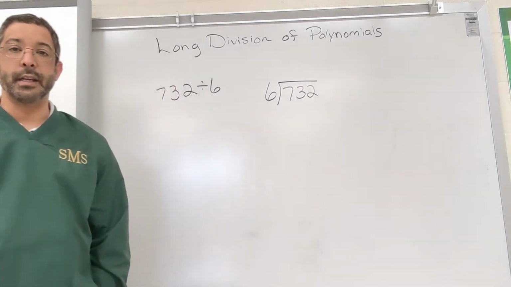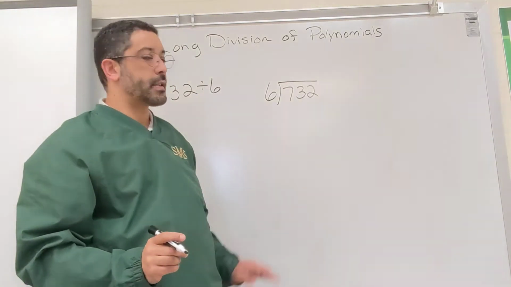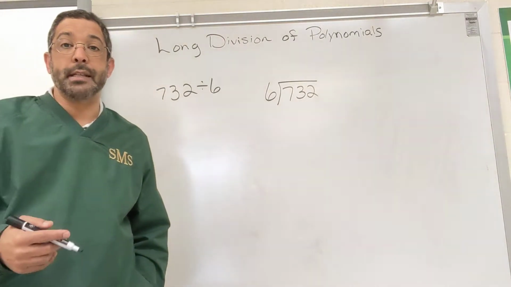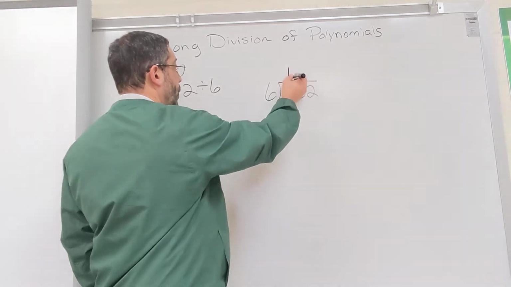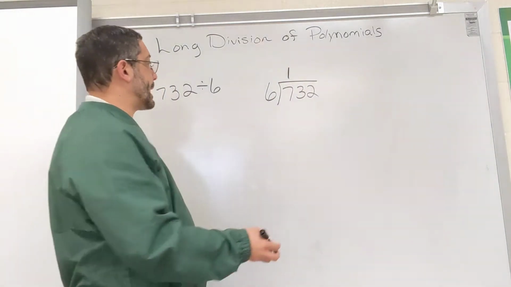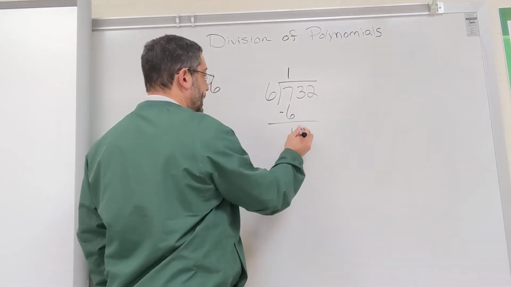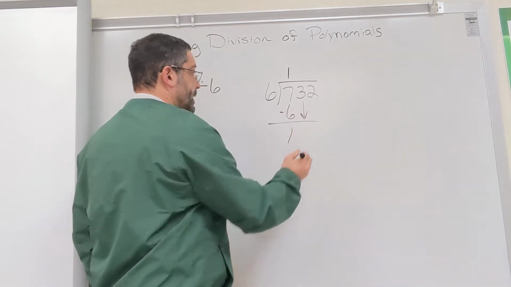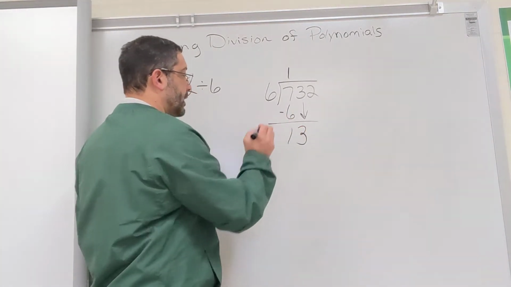I'd put the 6 over here. And then I'd start asking myself, how many times can 6 go into 7? Or how many times is 6 a factor of 7? And that's only going to be one time. So 1 times 6 is going to be 6. And I subtract that. That gives me 1. And just for the sake of clarification, I can bring down this 3. And that gives me 13.